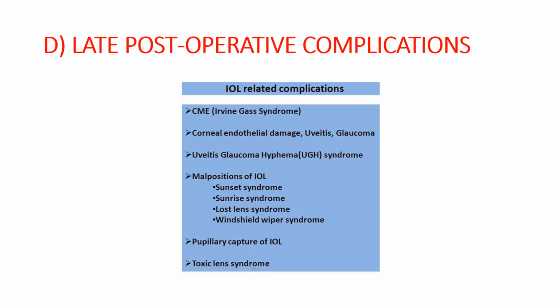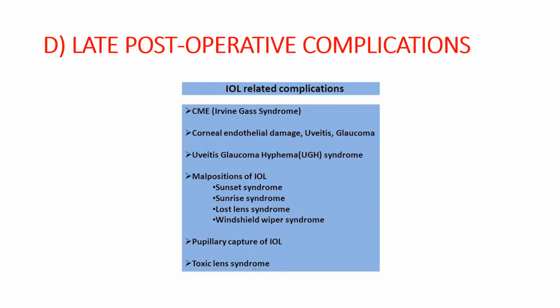The fifth one is the pupillary capture of the IOL. Normally the IOL is kept in the bag, or it can be kept in the sulcus just in front of the anterior rim of the capsule. The IOL has two parts, haptic and optic. But sometimes a part of the optic comes in front of the iris, and that condition is called pupillary capture of the IOL.